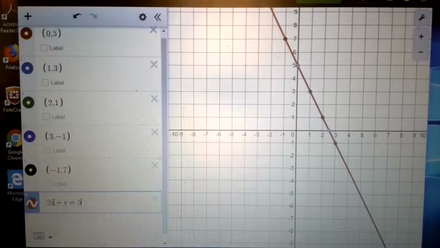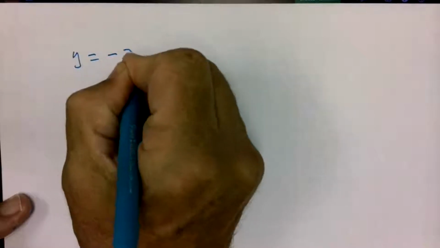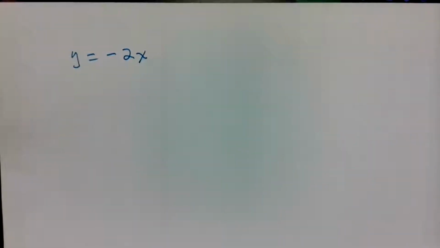If I am dealing with y equals negative 2x, what will that look like? What will those values be? So if I have y equals negative 2x, we'll pick values for x and find corresponding values for y.